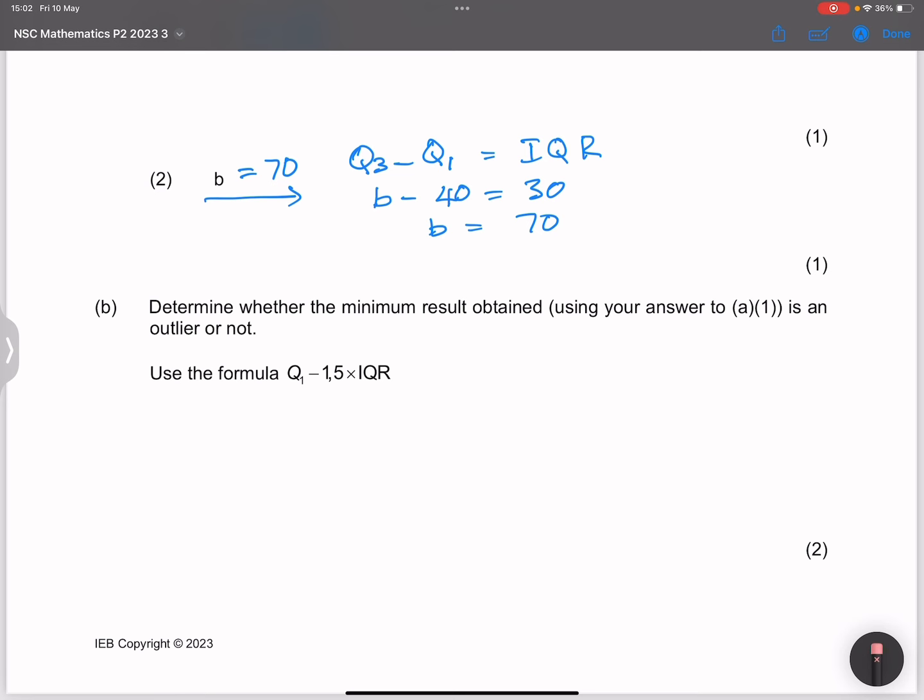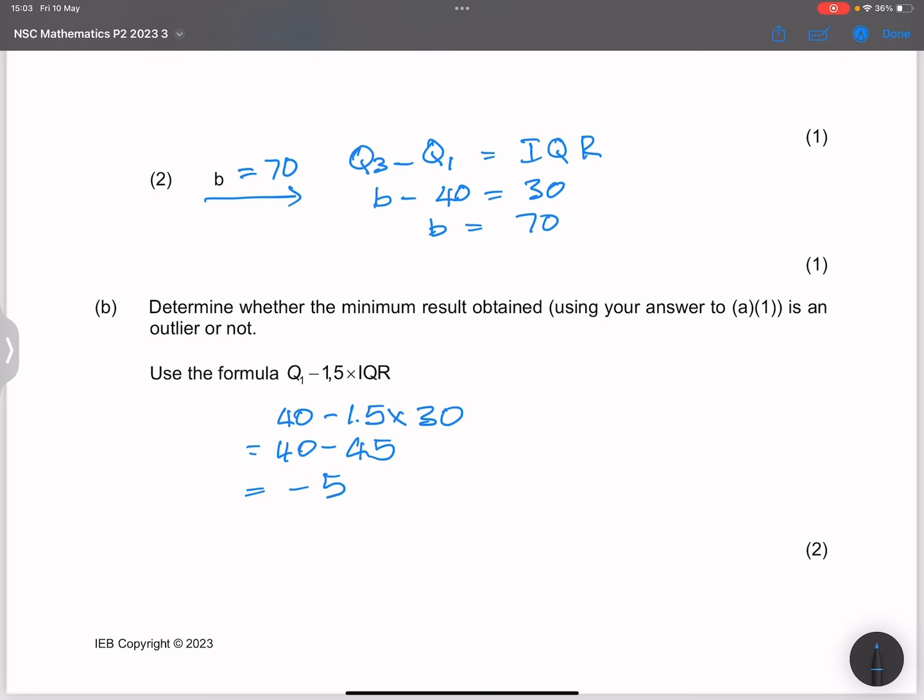Now we already have Q1, we said our Q1 value is 40, minus 1.5 multiplied by the interquartile range. And remember, we said our interquartile range was 30. So 40 minus 1.5 times 30, that's 40 minus 45, so that will give us negative 5.